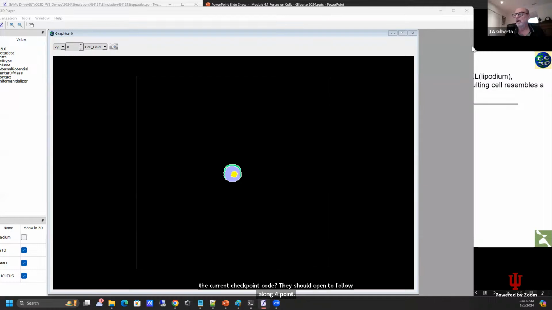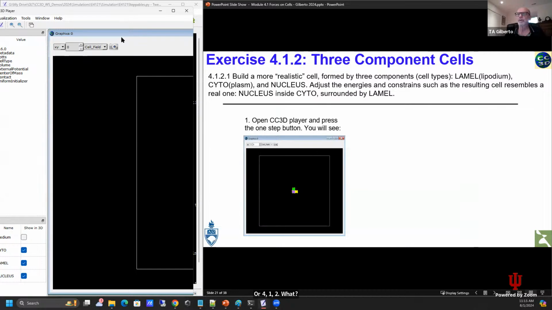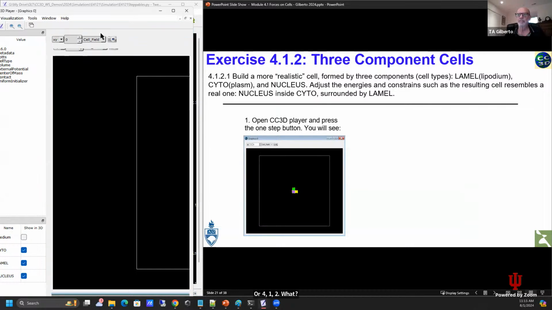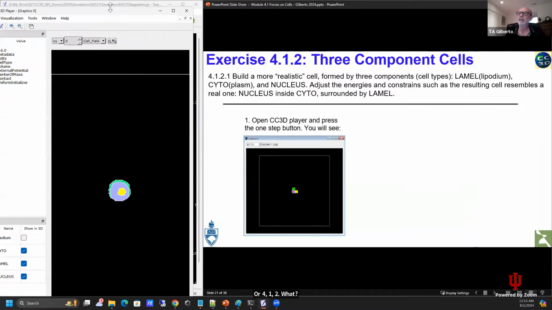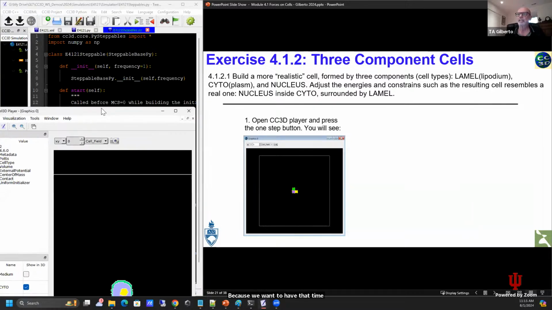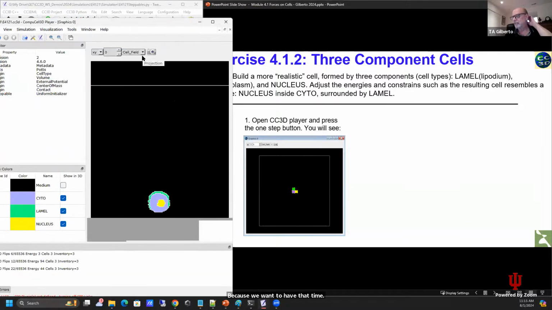To avoid so much coding right now, because we want to have that time, let's grab the simulations that are ready in the student's material. So the first one is 4-1-2-1, after 4-1-2-2, 4-1-2-3. Got it. I will put a link in the chat for everybody.